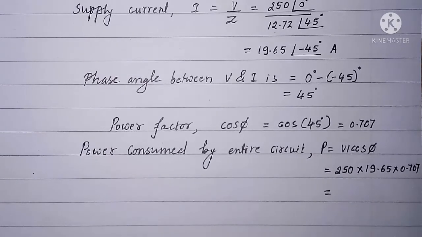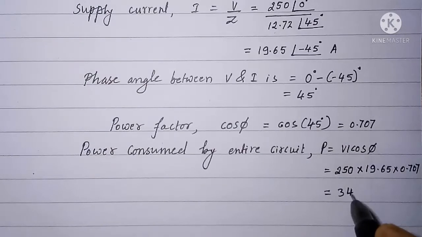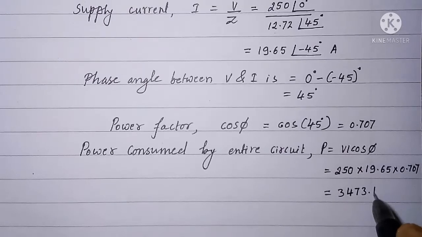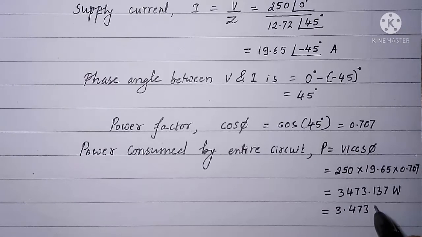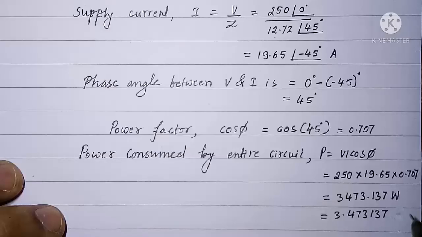On simplification we get 3,473.137 watts or 3.473137 kilowatt.